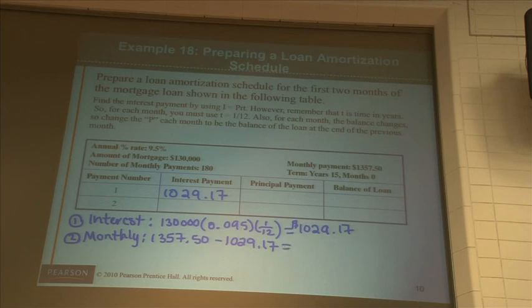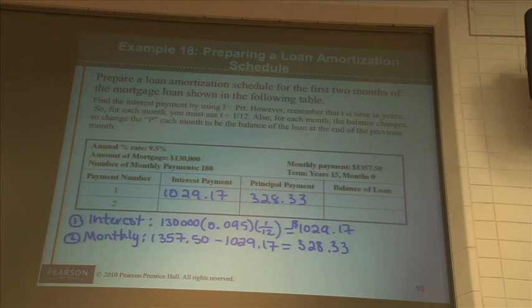Leaves you with $328.33. So that means on your first payment, you're paying over $1,000 towards the interest of your house, but only $328.33 for the principal. Well, what about the balance of the loan?